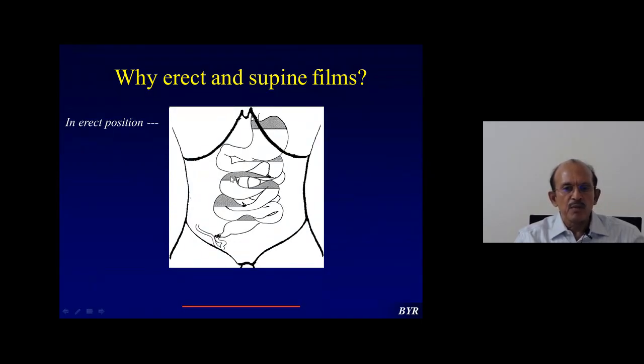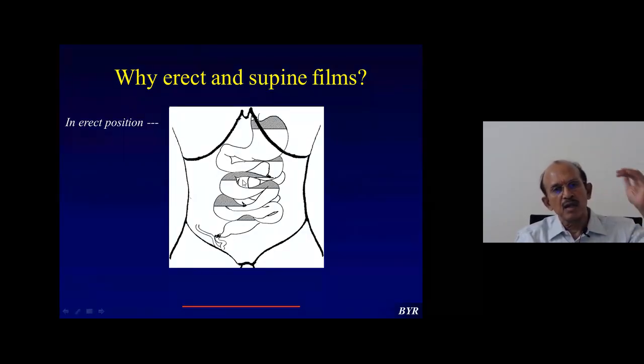For example, the patient has come to you with colicky abdominal pain. You have taken a plain X-ray abdomen in erect posture. These are called the air fluid levels. That one is showing only 2 air fluid levels. That is patient A. We have another patient, patient B. When you have taken the plain X-ray abdomen in erect posture, there are about 10 air fluid levels.